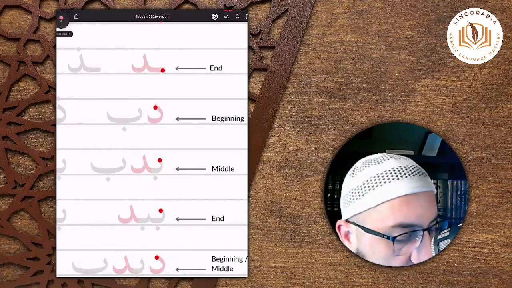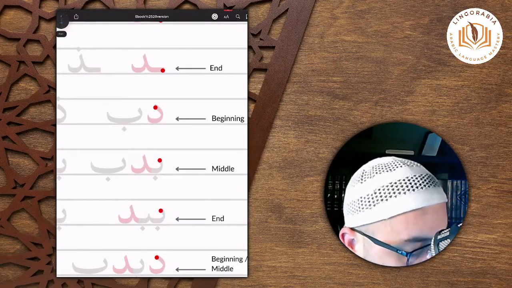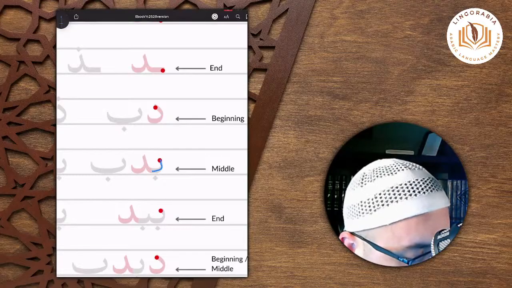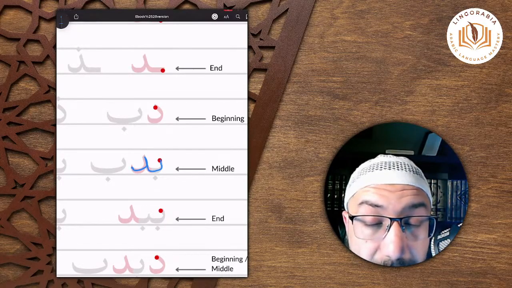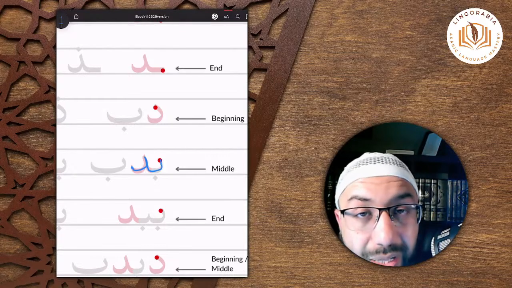What you do basically is finish the whole formation. If you finish the ba and the dal, you have to release because the dal cannot be connected with the letter after it.